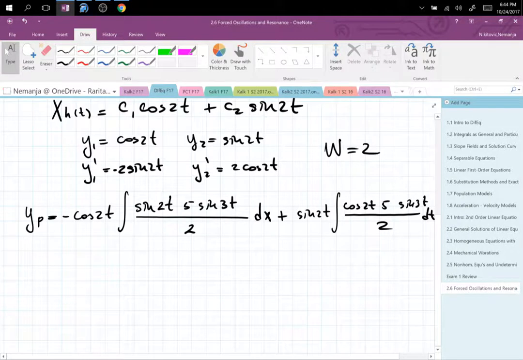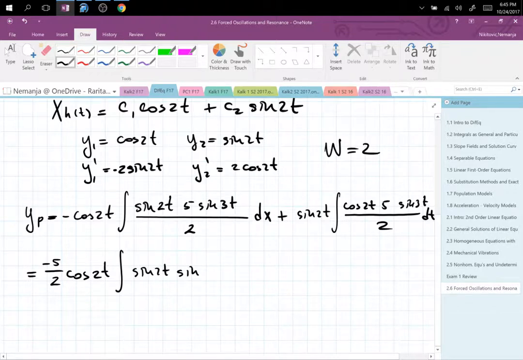Well, now kick out 1/2 and 5, so negative 5/2 cosine 2t, and what you need to integrate is sine 2t sine 3t. Why I'm putting dx, it should be dt now.